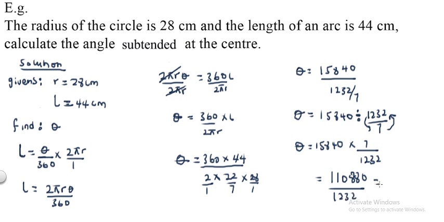That means this is equal to 90. Remember, theta is almost always measured in degrees. Let's look at another example.